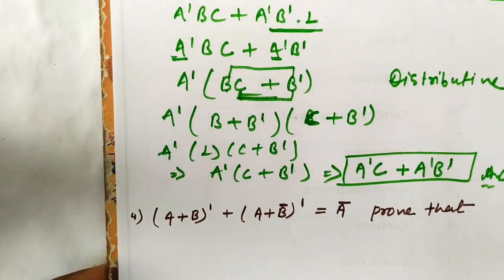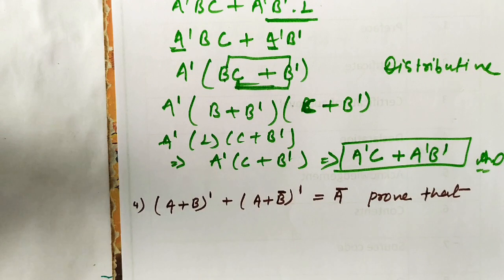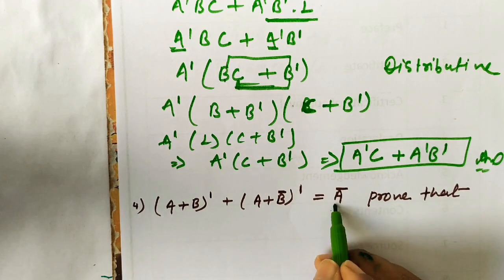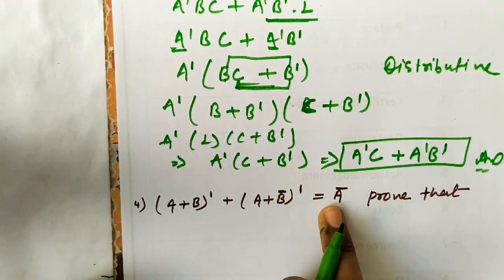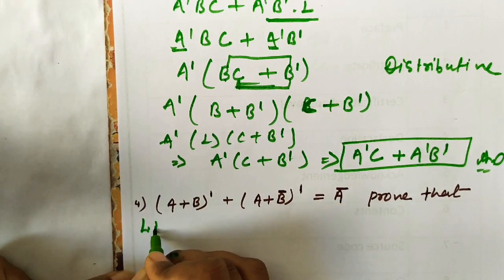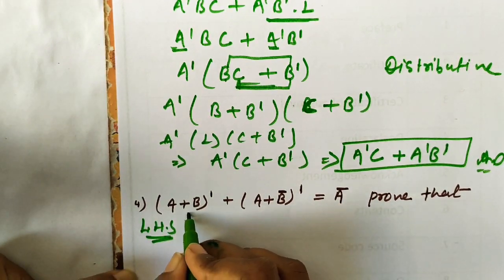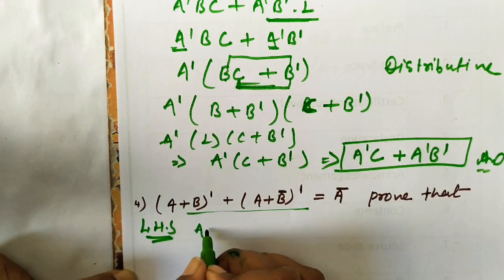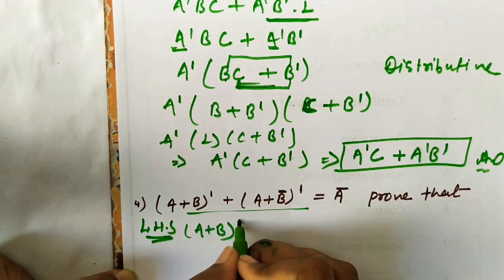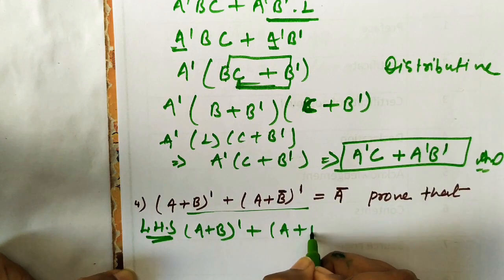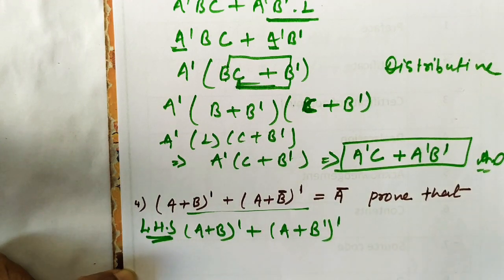In this question we have to prove, not simplify, we have to prove that the solution of this question is a'. So let's start from the LHS part. LHS, that means this is the LHS part. So we have to write like that, (a plus b')'.